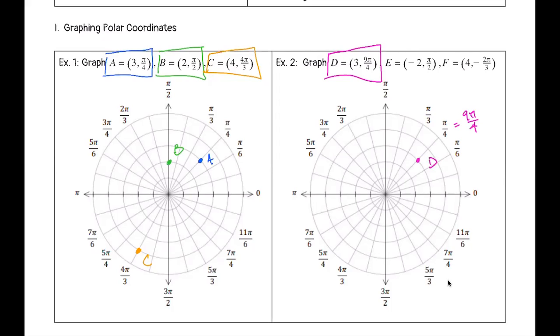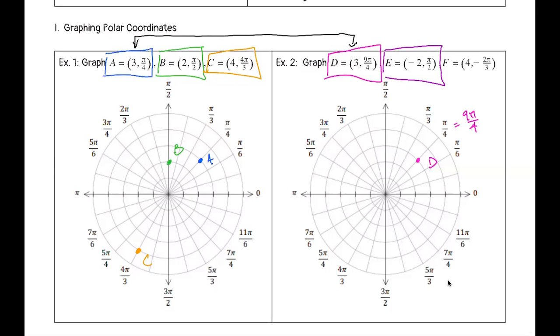So point D is actually the same as point A from the previous graph, right? They're in the same place. So point A and point D are the same point. That's one of the interesting things about polar coordinates is that a coordinate can have more than one name, okay?